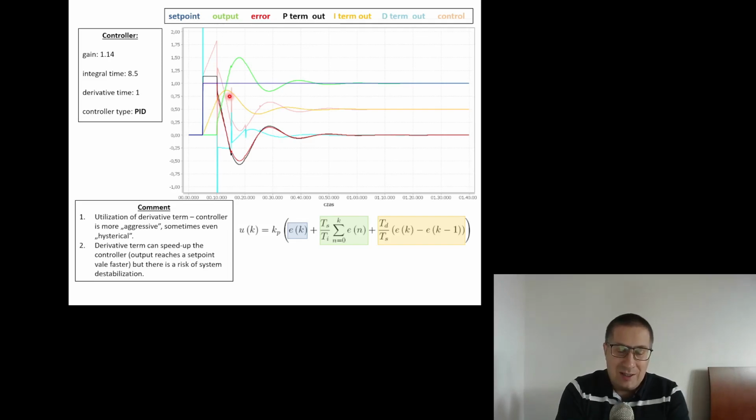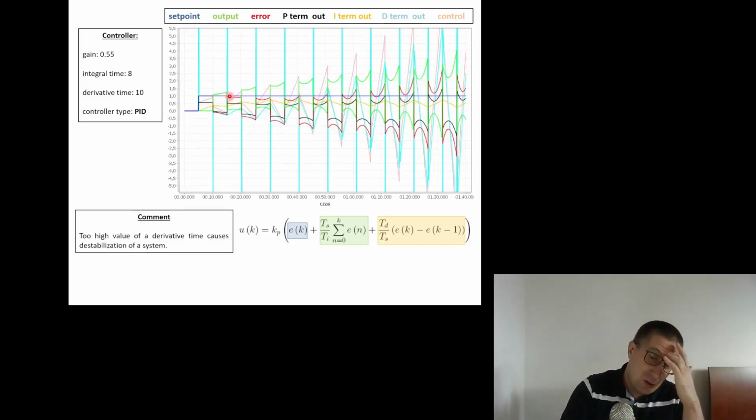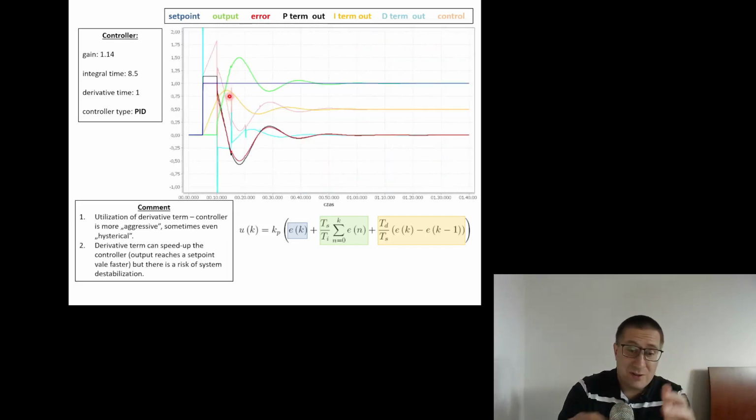So, of course, adding the D term means that we can have a faster reaction. We can get our process output to the set point faster because we can forecast the future value of the error. But there is a risk of system destabilization, especially if there are noises, and usually there are noises.